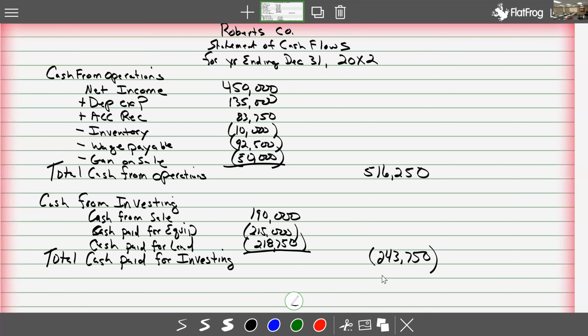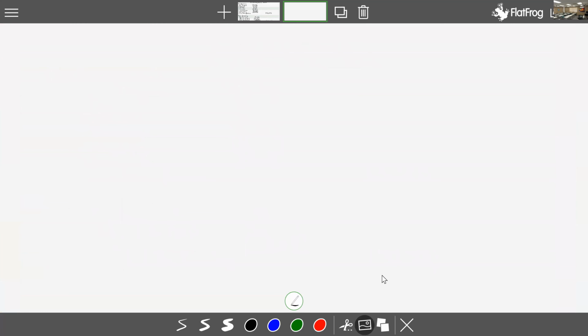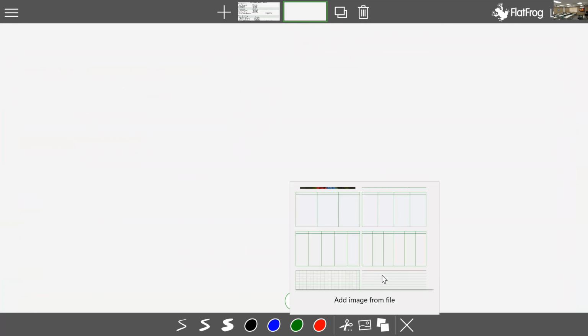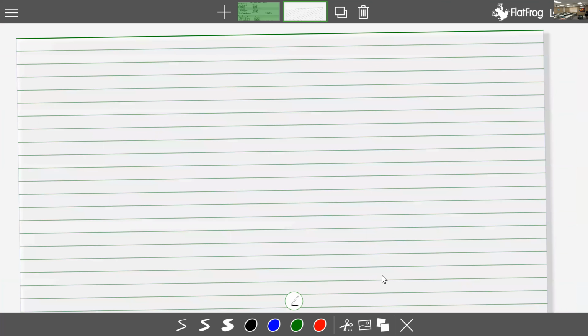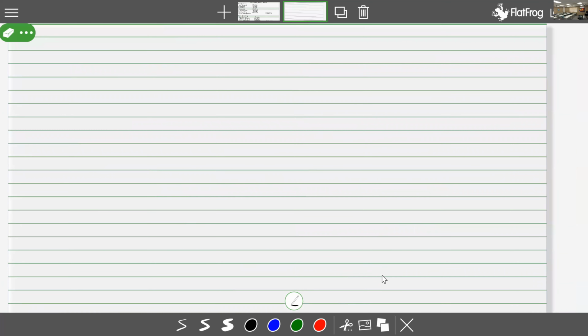Okay, so I'm going to switch screens now. I'm going to move on to a second screen. If you're writing this on paper, just keep writing it on down straight, okay? And as I said, you're gonna be writing it down on straight. I'm going to start with a new piece of paper here, but I am going to mark 516,250.